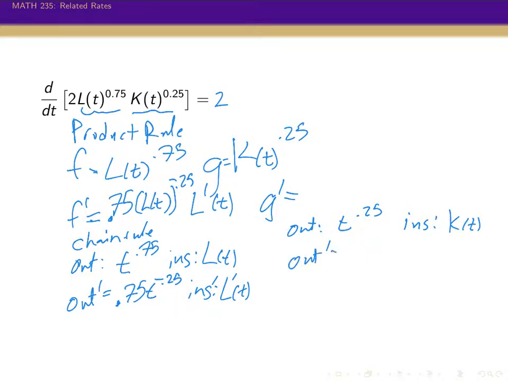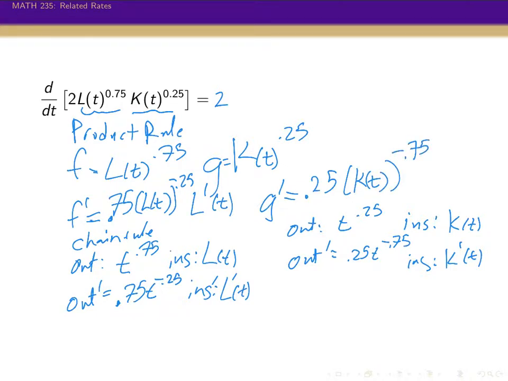The derivative of the outside is 0.25t to the minus 0.75 after we subtract 1, and the derivative of the inside is k prime of t. And so plugging this in, the derivative of the outside with the inside plugged in, and then times the derivative of the inside.